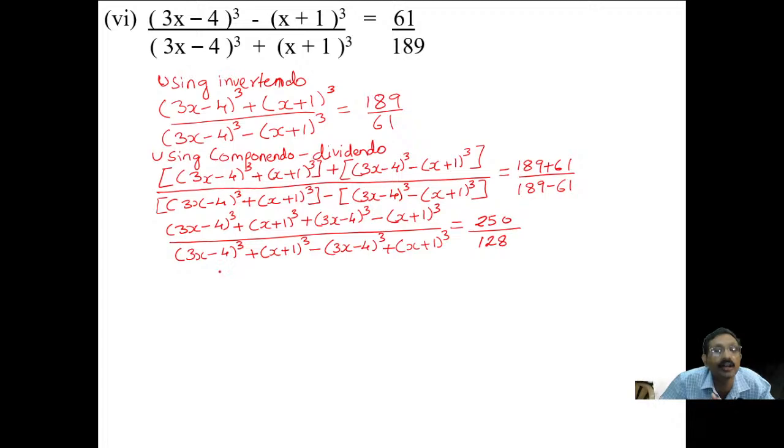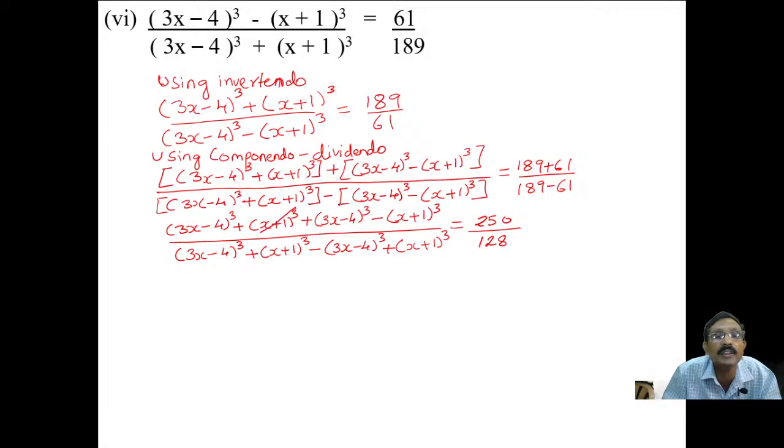What can be done further? You have got (x plus 1) cube here, (x plus 1) cube here, you have (3x minus 4) cube here, (3x minus 4) cube here. But if you look at this, here you have got plus (x plus 1) cube, here you have got minus. Can I get rid of this?